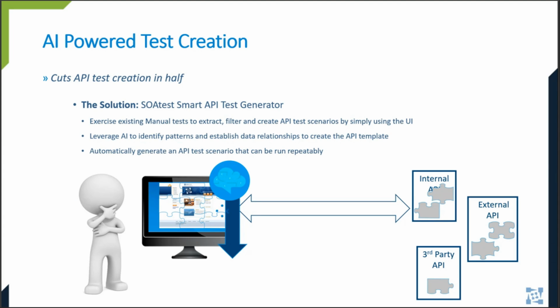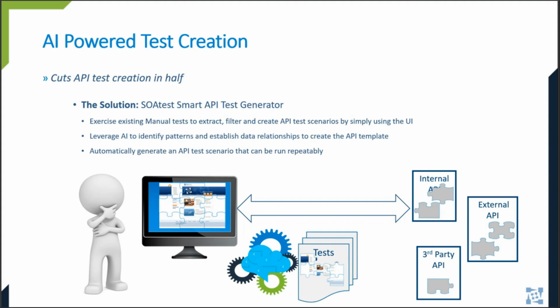Using a solution like Parasoft SOAtest, they were able to cut the test creation challenge in half using something called the Smart API Test Generator. The Smart API Test Generator is an AI-powered solution that monitors the traffic between the front end and those APIs. It then uses AI to reconstruct the API sequence, telling you these were the APIs that were called from wherever, both public, private, and hidden APIs.